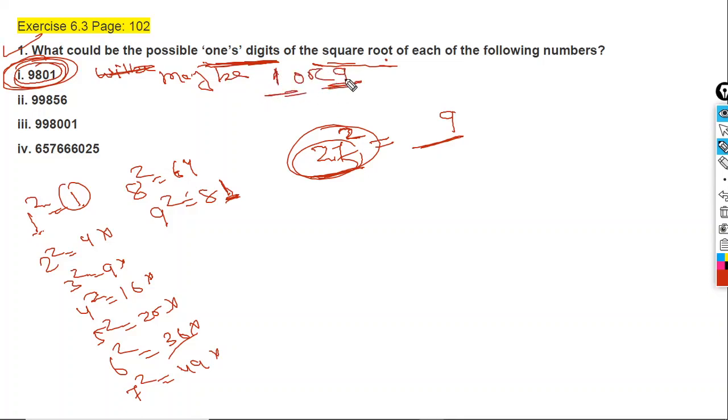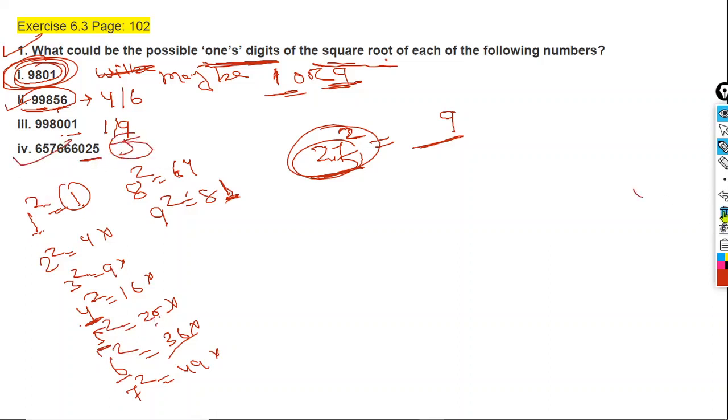Isn't it? 1 or 9. Similarly, for this number, because here 6 is there, the unit place can be 4 and also can be 6. So here the answer will be 4 or 6. Here you can see 1, 1 means again 1 or 9. Here you can see 25. 25 is 5 only, 5 square is 25. That means 5. So the answer will be 5 for IV.